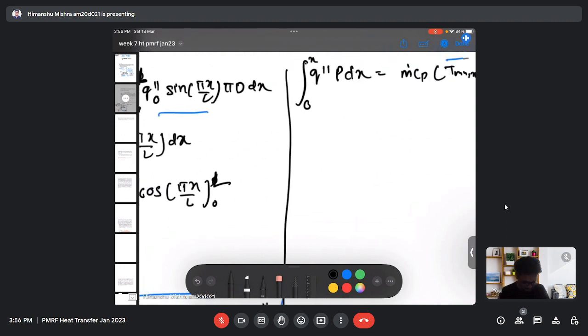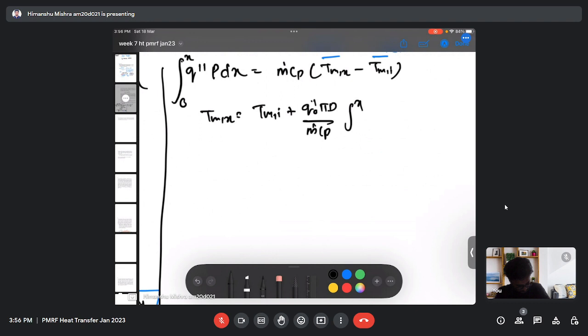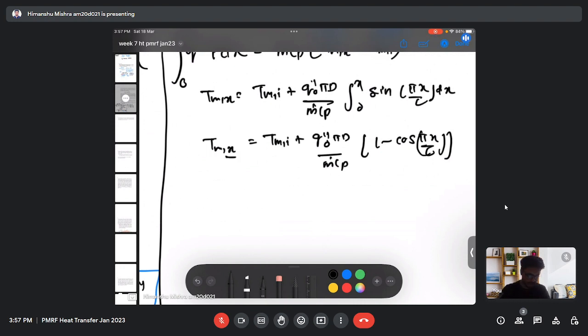We already have done this integration, and I can directly write after integration my mean temperature at location X will be... So here I am taking the integration limit from 0 to X because on putting the suitable value of X, I can define the mean temperature at that X, at that location.